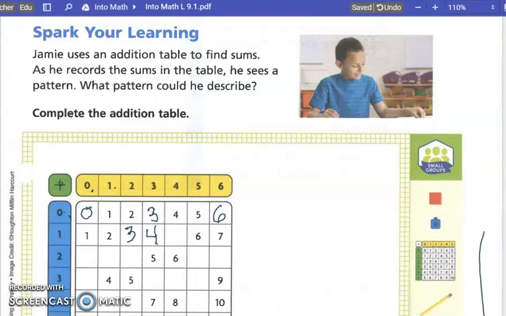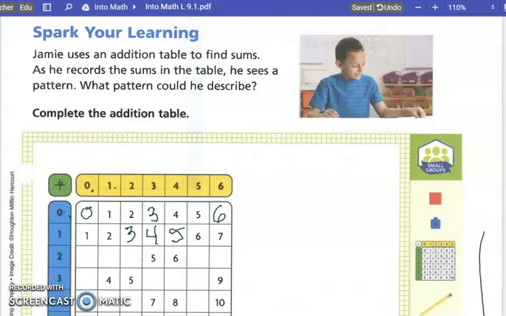So I can read this table any way. And then 4 plus 1 is 5, and then 5 plus 1 is 6, and 6 plus 1 is 7. And you're right, it increased across by 1 every time, didn't it? And I can see as I go down that it's going to increase by 1.